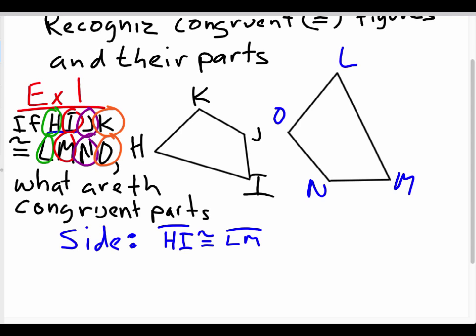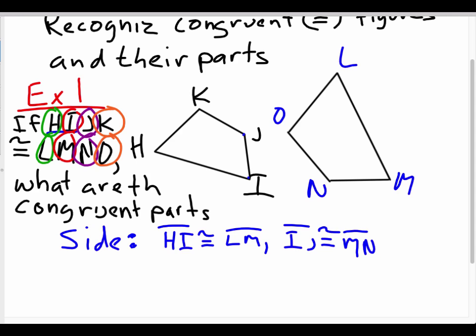So now for my next one, that's one side. If I say IJ, what is that congruent to? MN. So I could look at the figure, but it's not so clear by looking at the figure what corresponds to what, right?